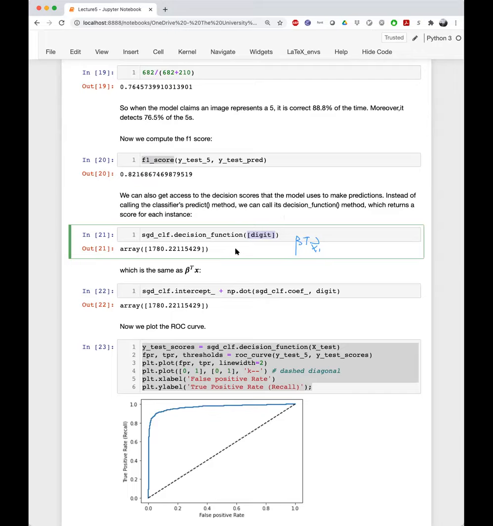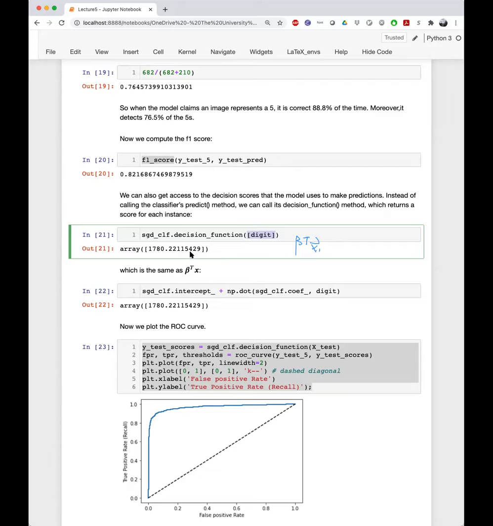Remember, if it's zero, that's the decision boundary. If it's greater than zero, then it's classified as positive. If it's less than zero, it's classified as negative. Here the score is pretty far away from zero, so that's a pretty safe case to be classified as 5. To get the score, we can call the decision function.